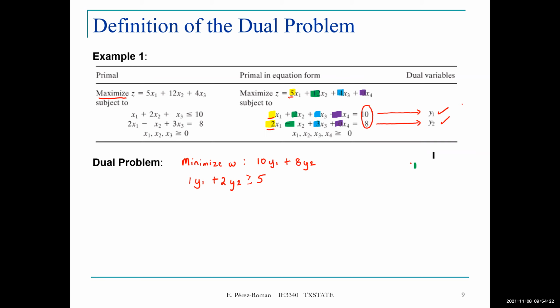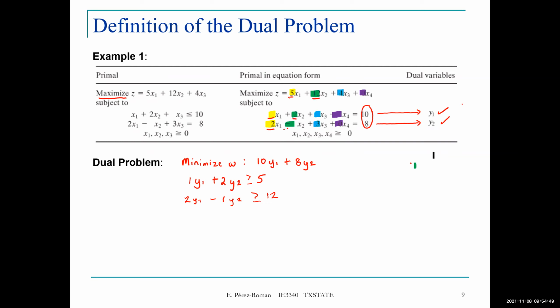I'm going to repeat the process with all the decision variables of the original problem. So now I have 2y1 minus 1y2 greater or equal to 12. So this coefficient is my right-hand side.